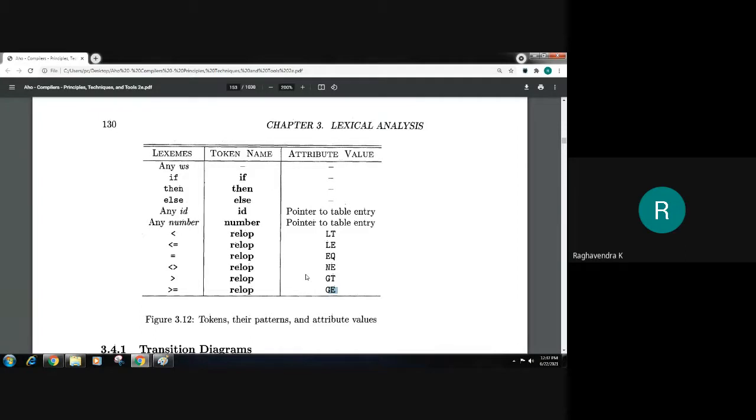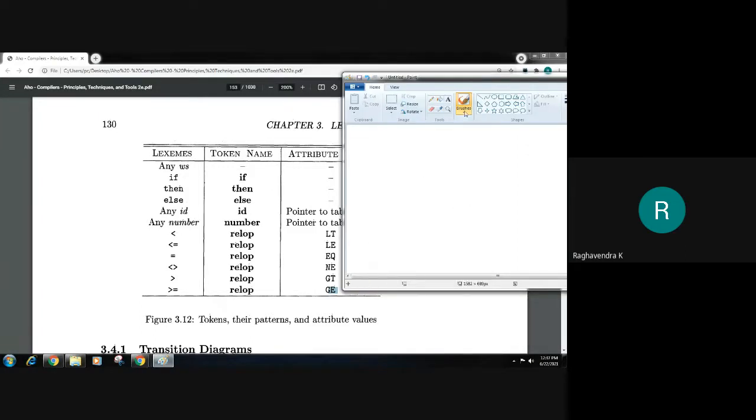But how exactly are we going to return it? Because there may be a problem here. If you observe, for example, let me say that there is a less than b. So this is basically what an expression is. We have seen an identifier, and here also we have an identifier. This is not a problem for us.